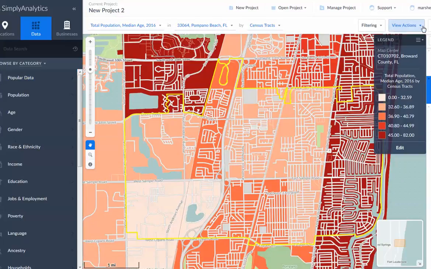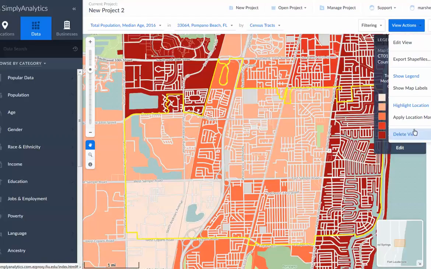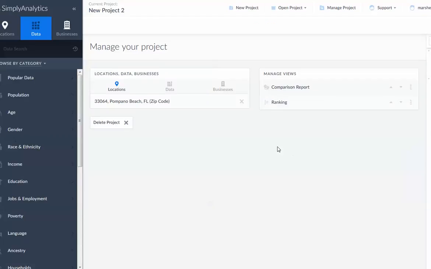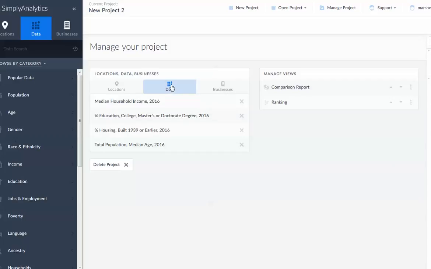Let's try this again. View actions, I don't want the map. Delete view. There we go, data. Projects, and I want a comparison report. Let's start from there.